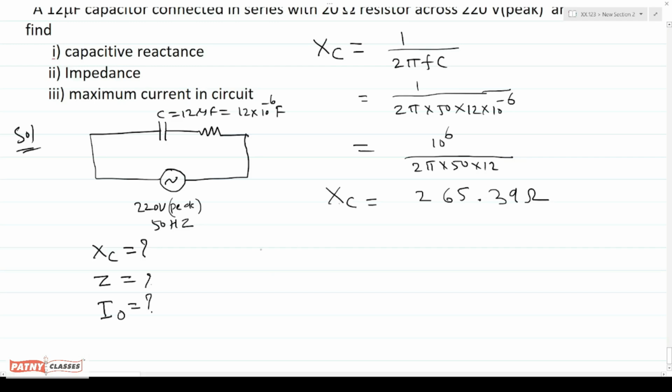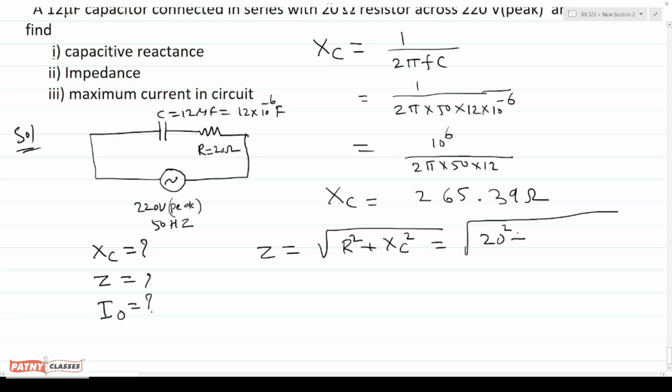After that, we have to find out Z value. Z, nothing but impedance, is given by square root of R square plus X square. R value is nothing but 20 ohms.